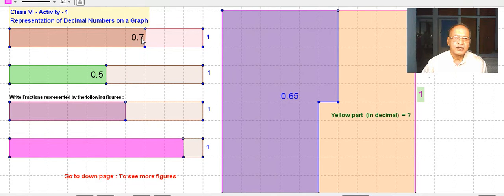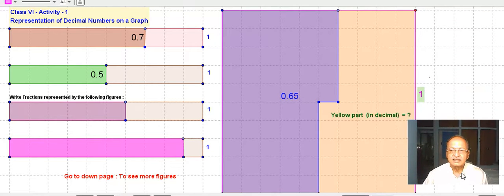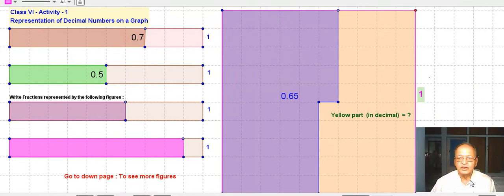Here it is 0.7, 7 boxes, and 5 boxes here is 0.5. So 2 boxes remain out of these 10. So that is the 0.2 difference. You can practice and ask your teacher, he can tell you more about this.